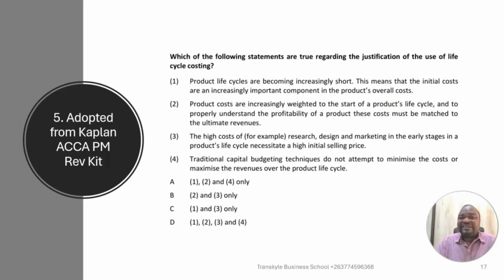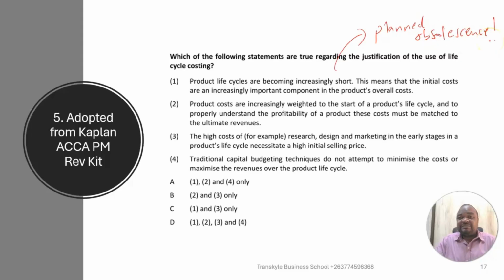Which of the following statements are true regarding the justification of the use of life cycle costing? Justification is simply the reason why you can say let us adopt life cycle costing. Number one, product life cycles are becoming increasingly short, not by our design, but in general. Remember, in manufacturing, there is what is called planned obsolescence.